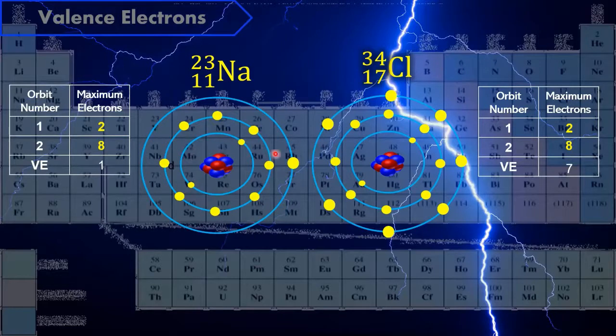Therefore, the one electron on the last shell of sodium will transfer to the last shell of chlorine to make it more stable. If these two elements combine, we make a substance called salt, and the compound name is sodium chloride.